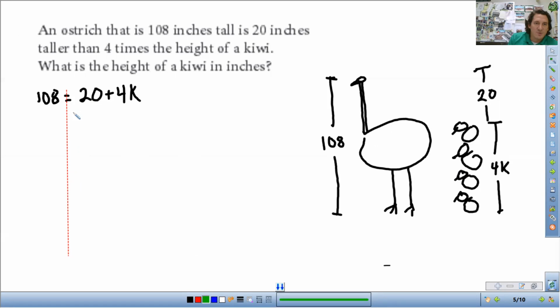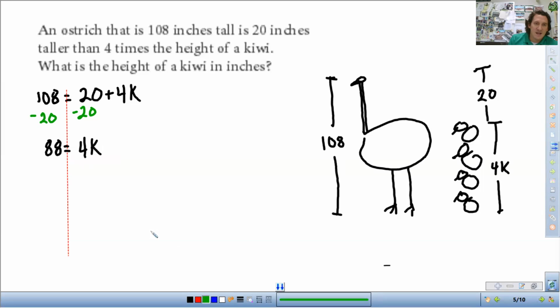I'm going to subtract 20 from both sides. So 108 minus 20 is 88, equal to 4K.